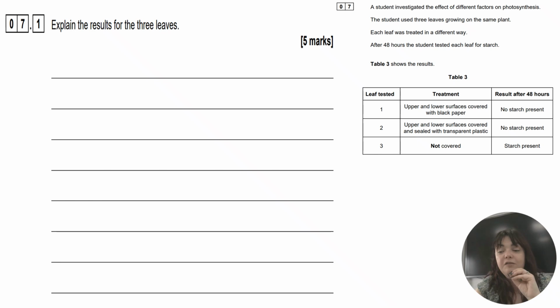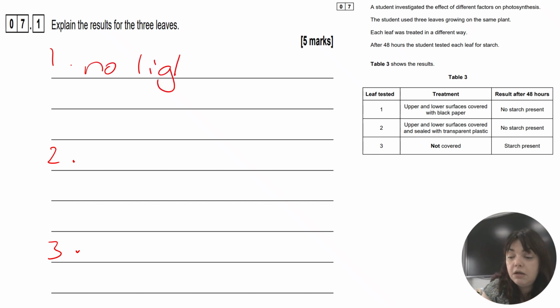Now the question is explain the results for the 3 leaves. So you have to explain what is happening at 1, what is happening at 2, and what is happening at 3. Okay, if you don't do that, you are not going to get all 5 marks. Okay, so number 1, covered with black paper. Okay, it's covered with black paper, no light, equals no photosynthesis.